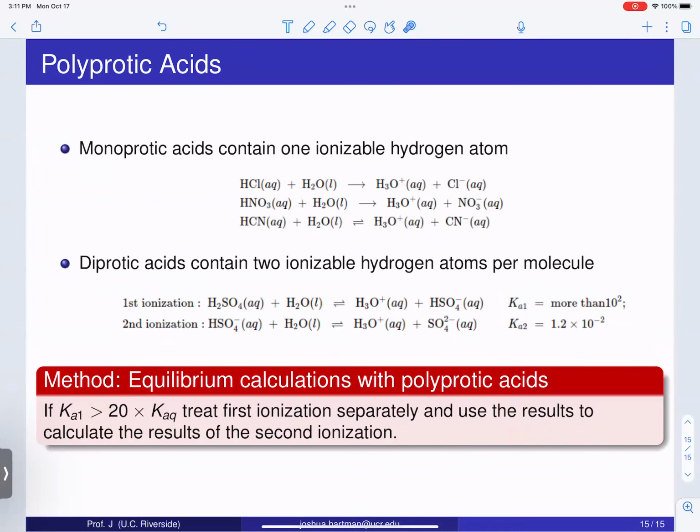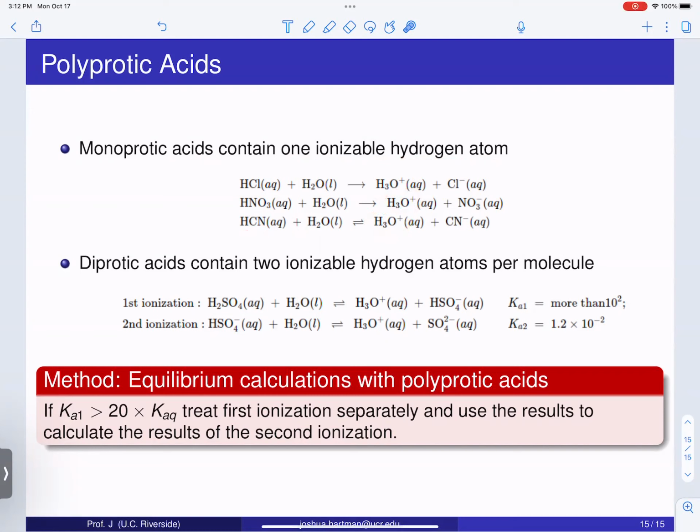The acids you've perhaps dealt with more often than anything else are what we call monoprotic acids, which contain only one ionizable hydrogen atom. So for example, hydrochloric acid gives up one hydrogen to get one hydronium. Nitric acid, HCN, in all of these cases we're getting one hydronium ion.